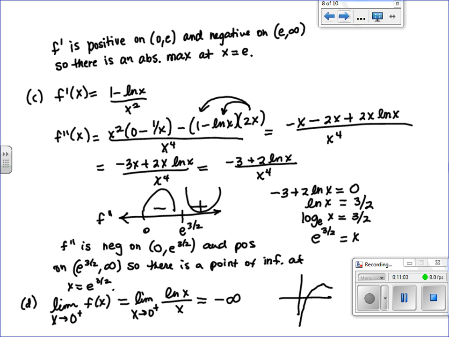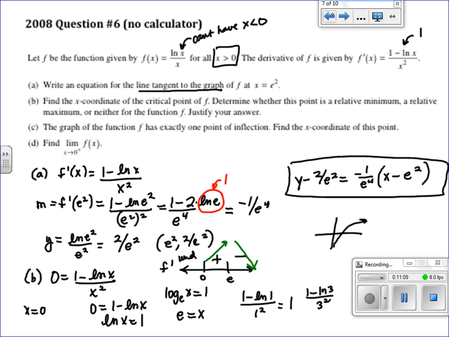Okay, so that is the end of our question. Let's talk about the points for each one. For part A, you get 1 point for the y value that we found, f of e squared, and 1 point for finding the slope.